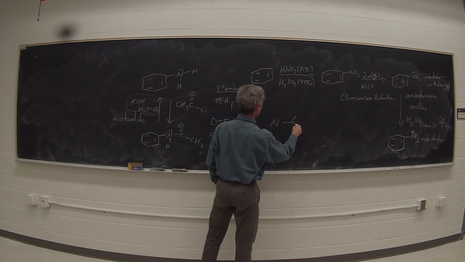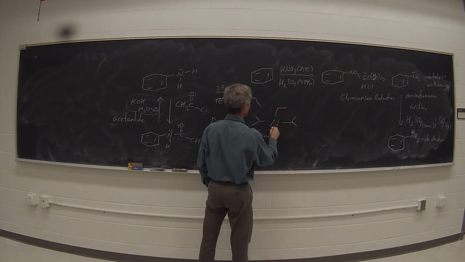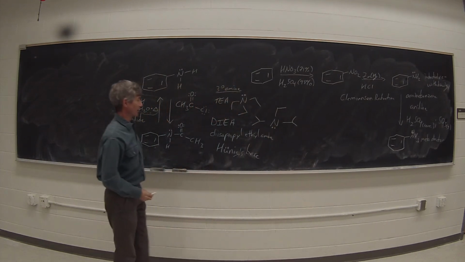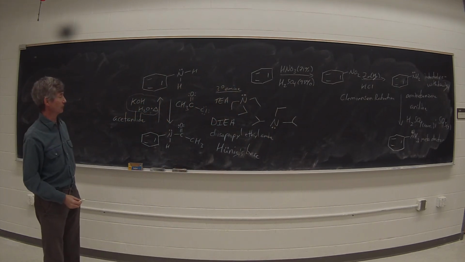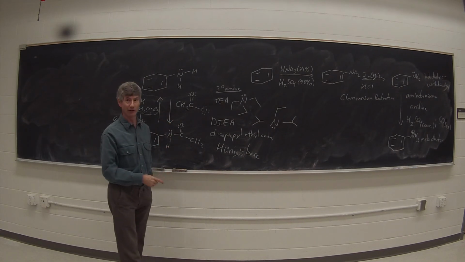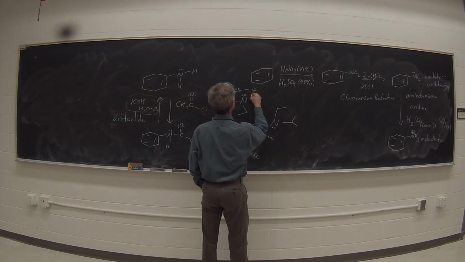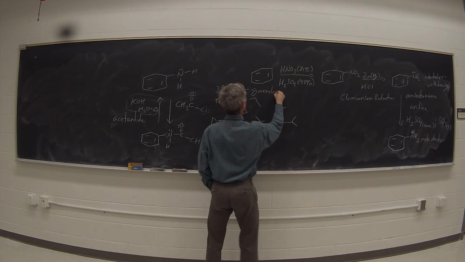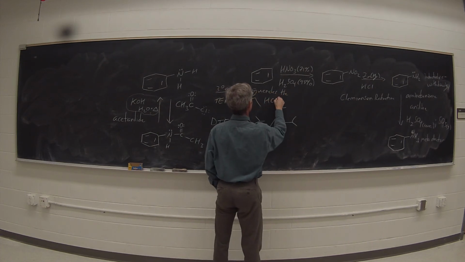So diisopropylethylamine simply looks like that. It's kind of the granddaddy of sterically hindered bases, so it's not going to do anything but react with the HCl, or quench the HCl that's generated.